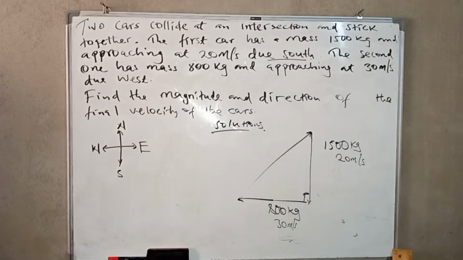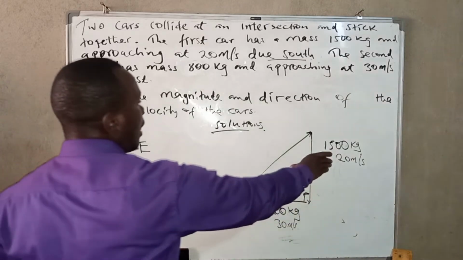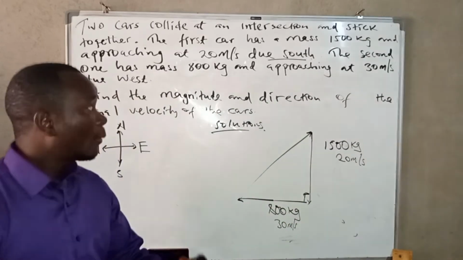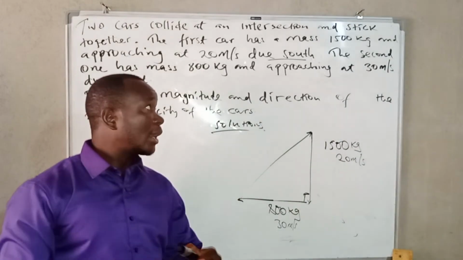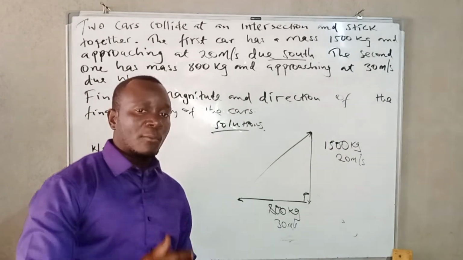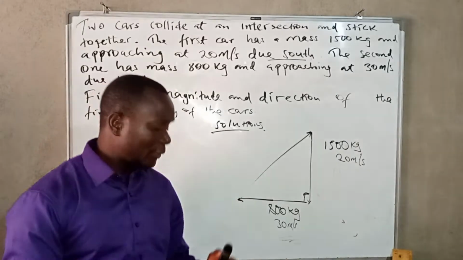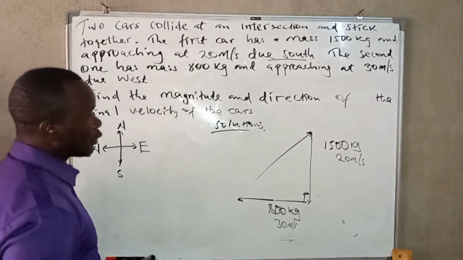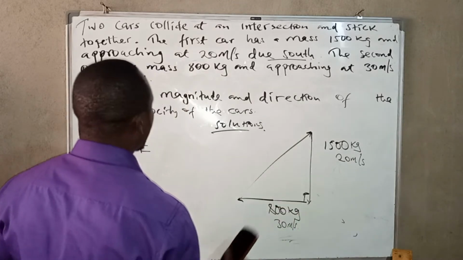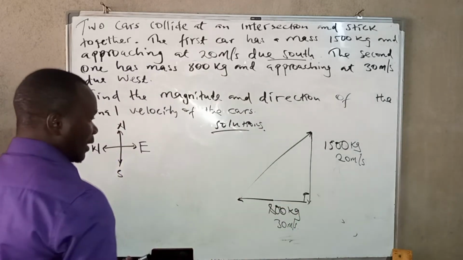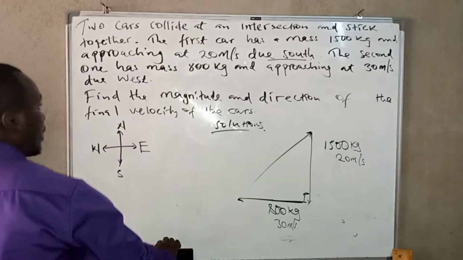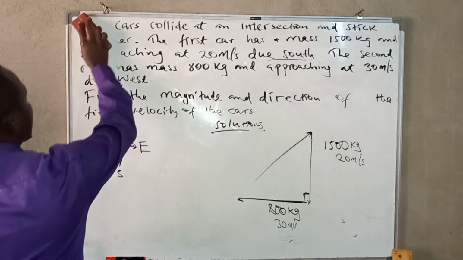Now, in order for us to find the final velocity when they collide, they're going to stick, and they're going to be moving with the same speed. So we're going to resolve these in their respective components. Let me just erase the first part here.